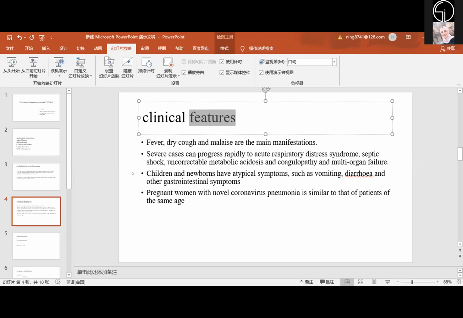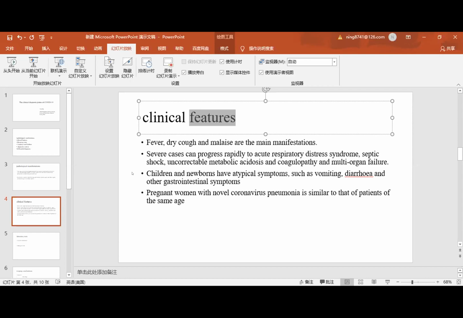Severe patients tend to develop symptoms of respiratory distress or hypoxemia a week after onset. Severe cases can progress rapidly to acute respiratory distress syndrome, septic shock, uncorrectable metabolic acidosis, coagulopathy and multi-organ failure.